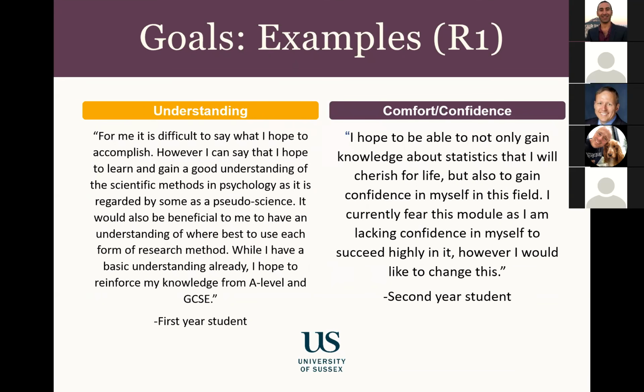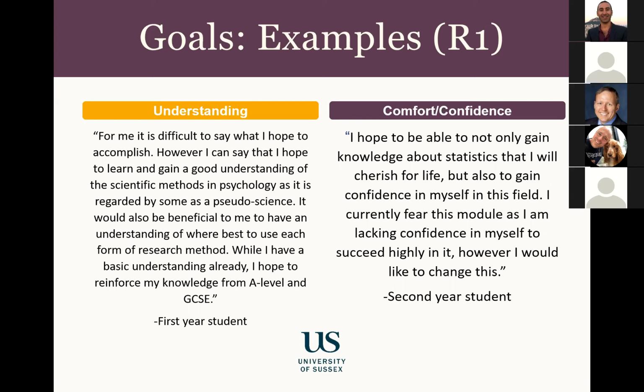So I just wanted to give you a couple of examples to illustrate what these goals look like. I've chosen one of each of the 3 or 4 most common themes. On the left, you can see a response from a first-year student. I'll just read a bit of it. "I do love this. I can say that I hope to learn and gain a good understanding of the scientific methods in psychology, as it is regarded by some as a pseudoscience."